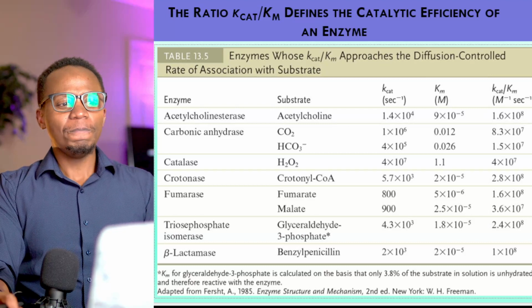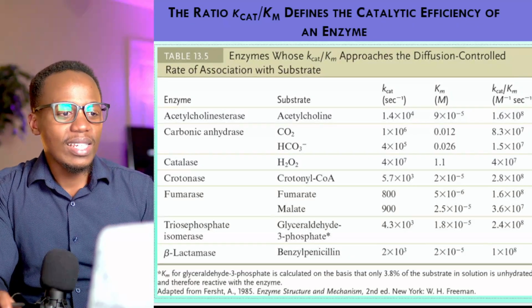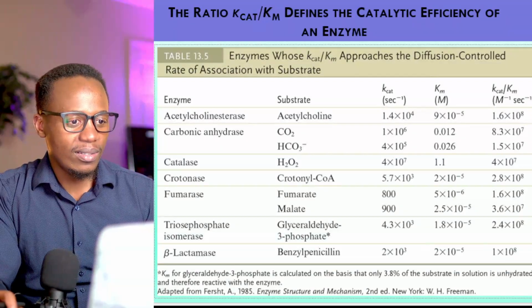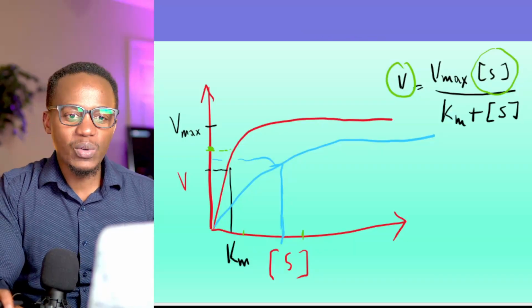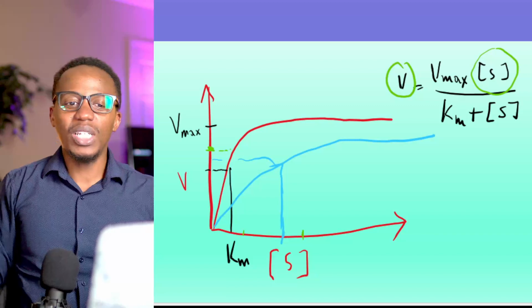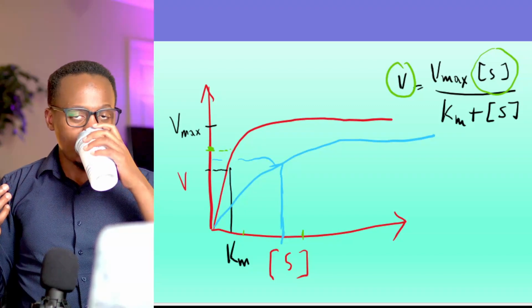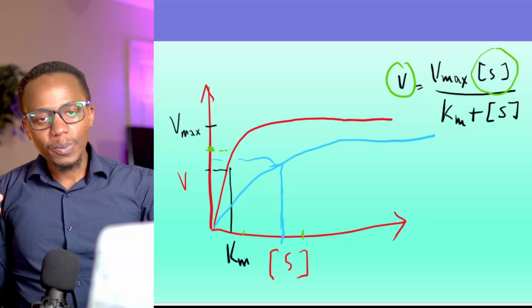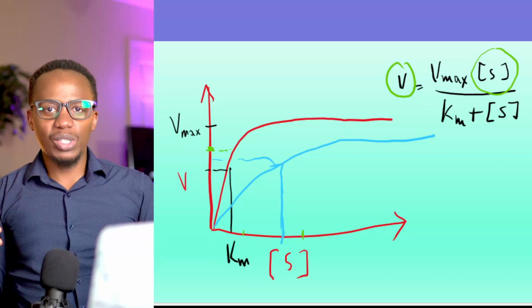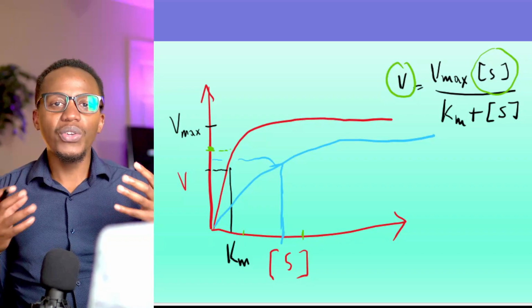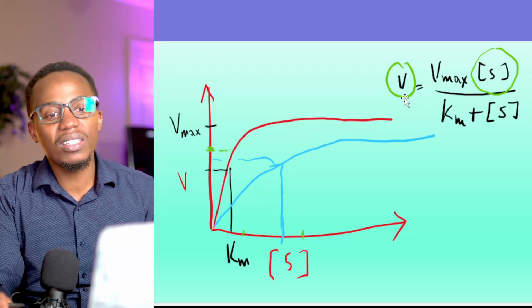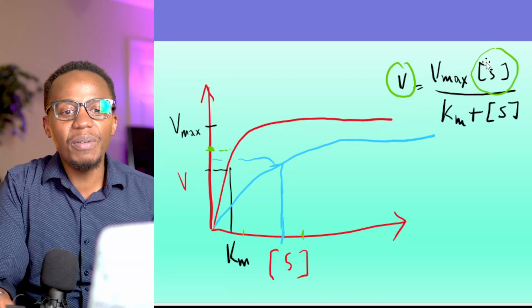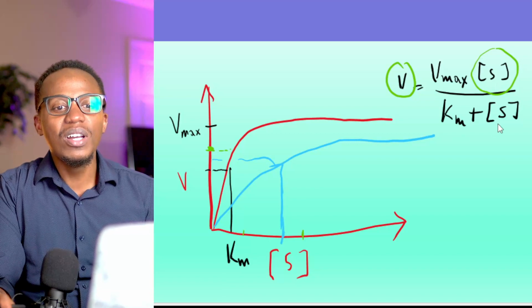So this equation right here, the Michaelis-Menten equation, there are so many things that we can do with it. But in biochemistry, you encounter a lot of problems asking you to either calculate V when you're given Vmax and S or Km.